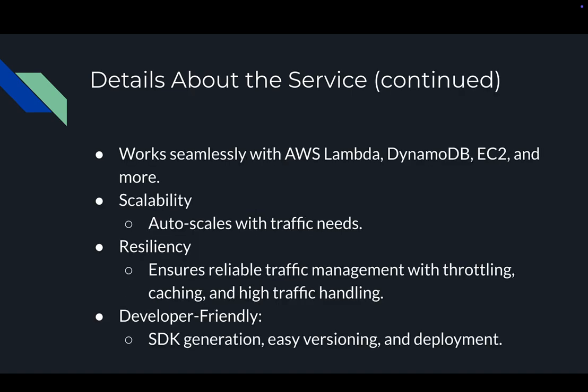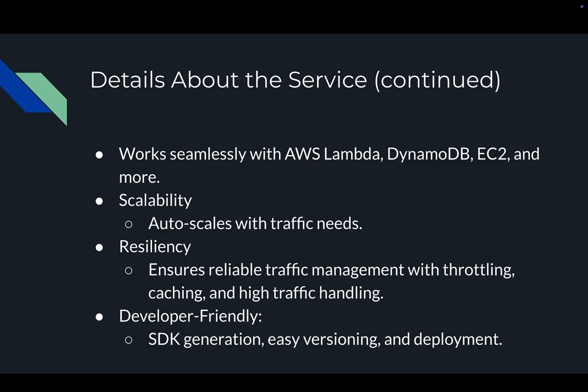Continuing, Amazon API Gateway works seamlessly with other AWS services such as AWS Lambda, DynamoDB, EC2, and more. It is very scalable, meaning that it handles unpredictable traffic patterns, so you don't have to do any manual interventions. It automatically does it for you.